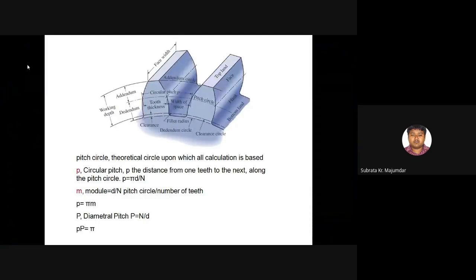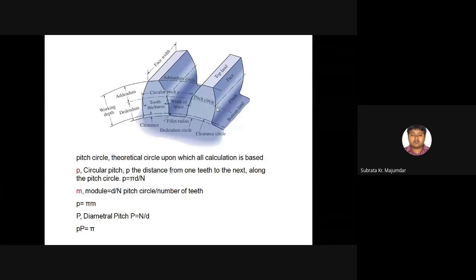Now we discuss the circular pitch. What is circular pitch? According to the diagram, this one is the circular pitch. It is the distance measured on the circumference of the pitch circle from a point on one tooth to the corresponding point on the next tooth.